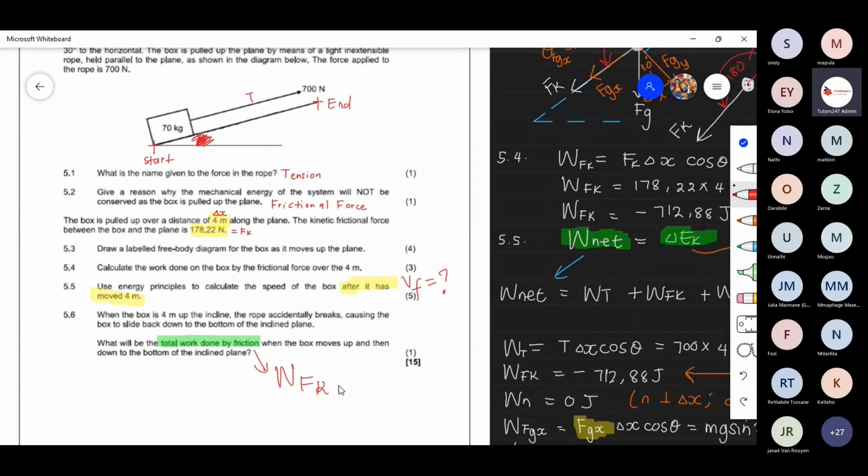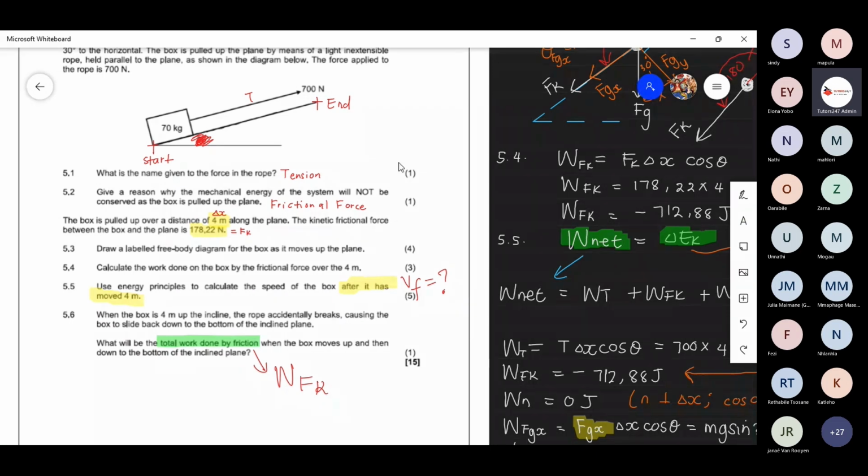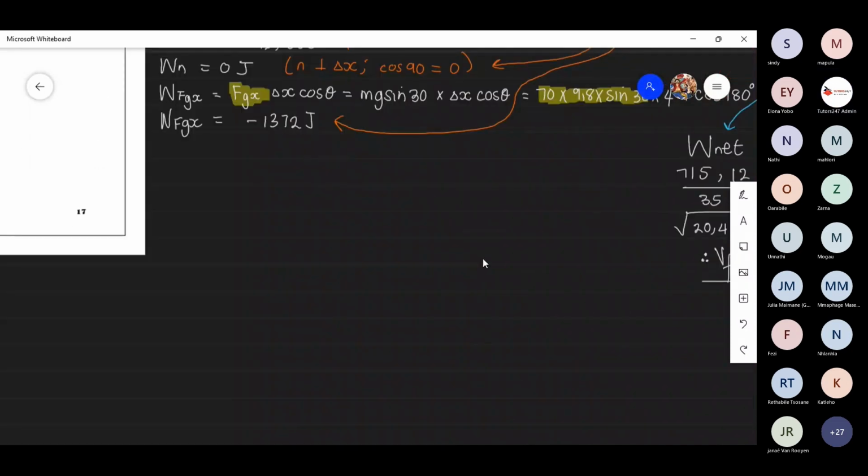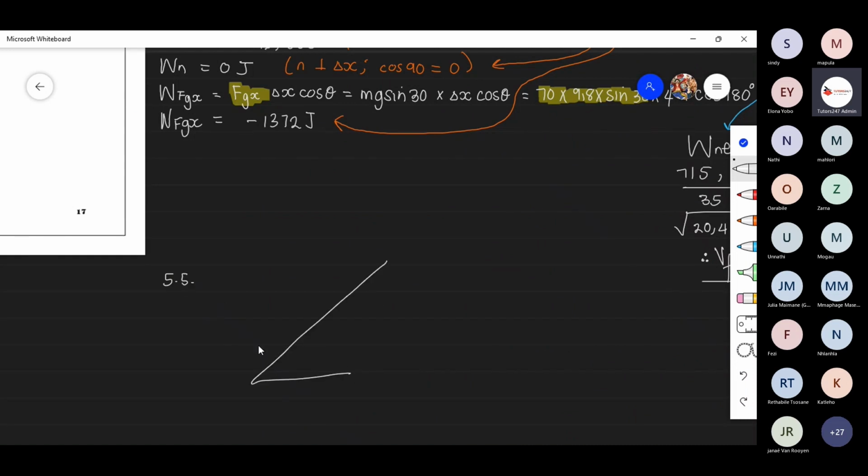Okay, so let us quickly draw a visual representation of that so that you can understand. This is going to be 5.5. So we have this incline, right? And at a certain point, this rope snapped. So now there is no longer going to be a tensional force involved. So we still have Fg moving down the incline.